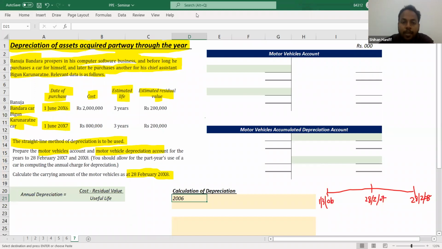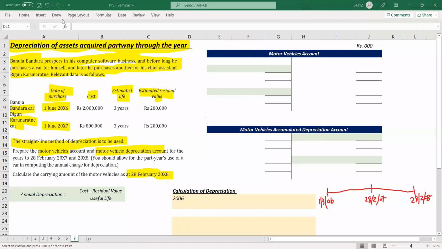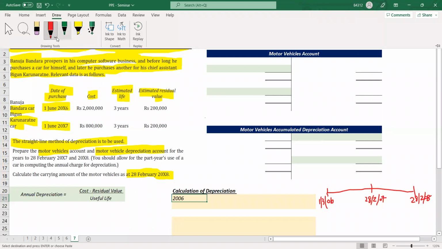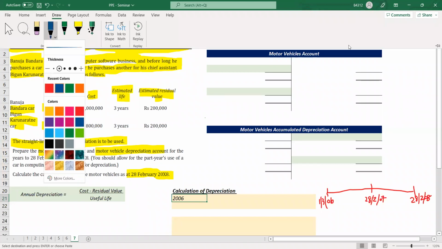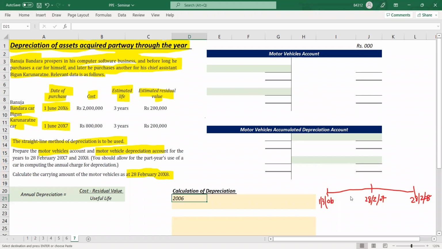So this is the financial year. The first vehicle was purchased on 1st of June, somewhere here, after March, April, May. The second vehicle was purchased on 1st of June 2007.